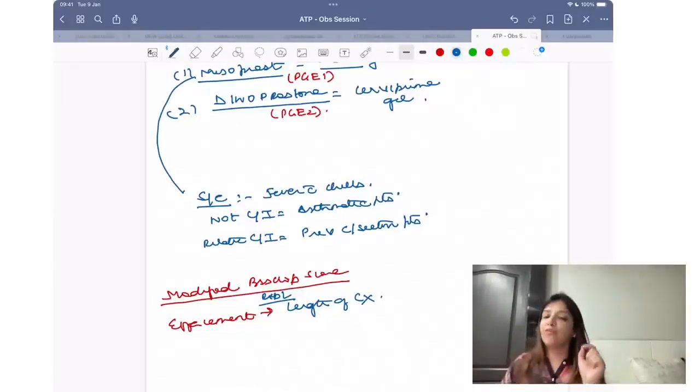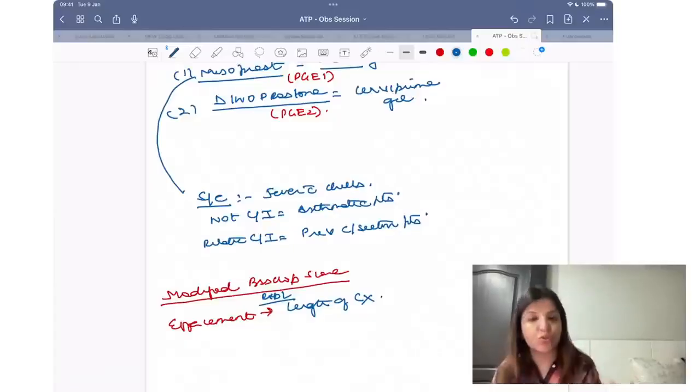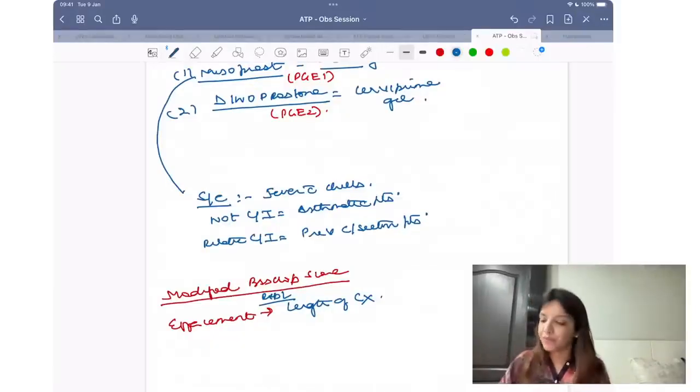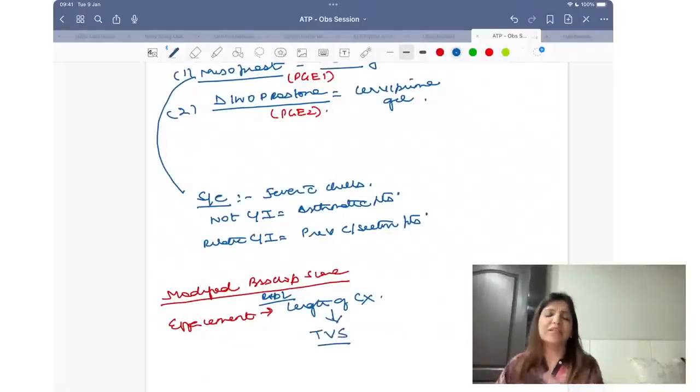If you are an FMG student, they will not ask you to calculate Bishop score. If you are a NEET PG student, you will be asked to calculate Bishop score, right? Length of the cervix is known by TVS. That is why we don't use modified Bishop score, because modified Bishop score is not a clinical score. You will require ultrasound for doing modified Bishop score, right?